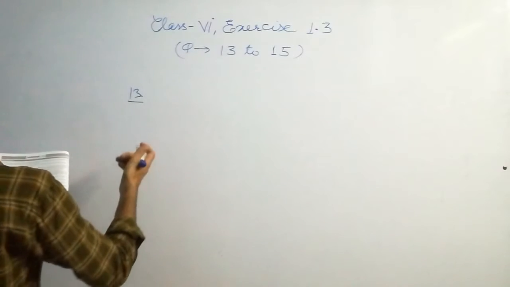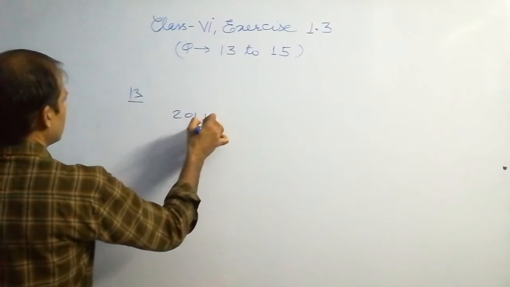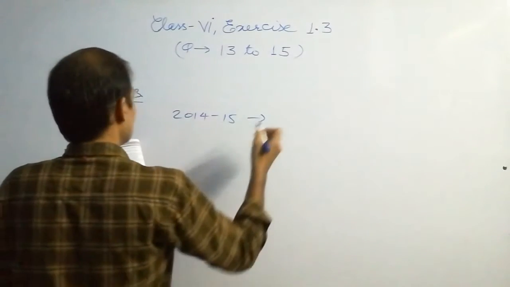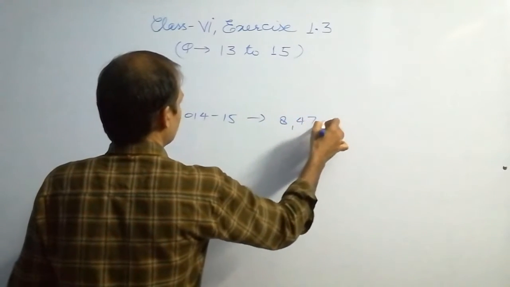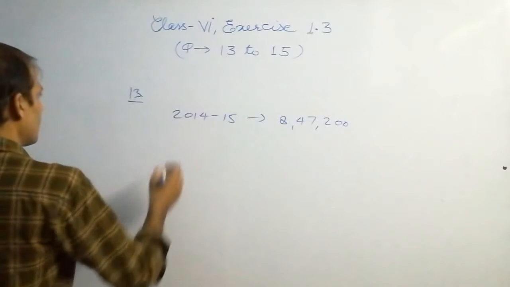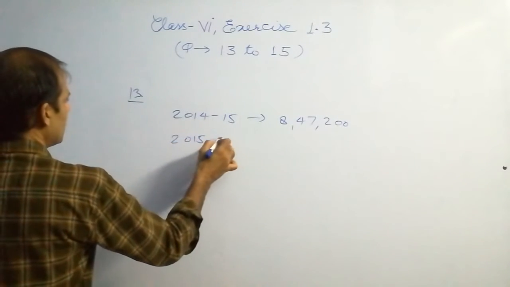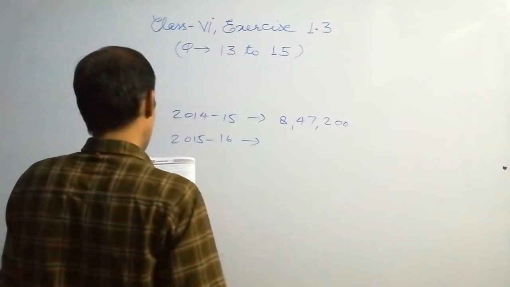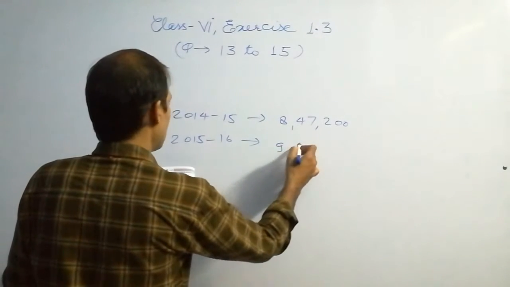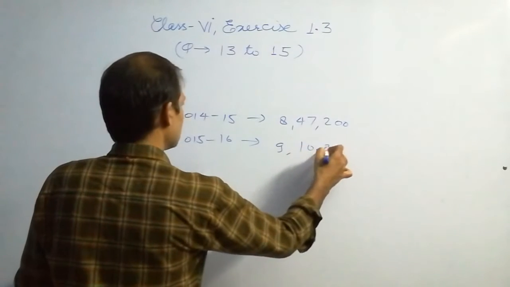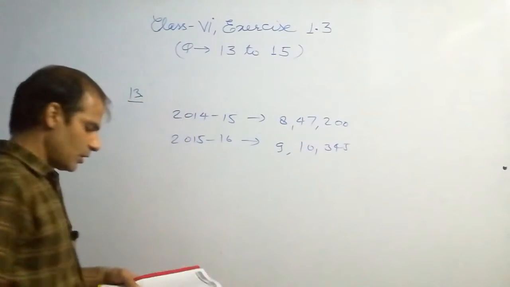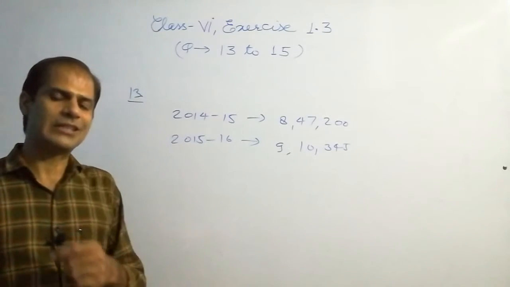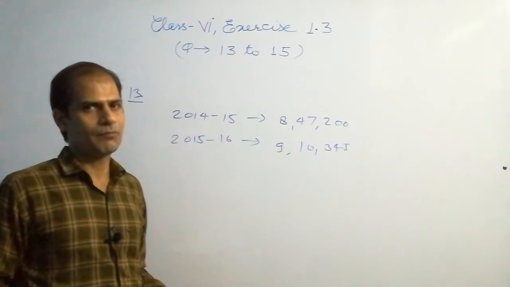So in the year 2014-15 the number of TV sets sold were 8,47,200, and in the year 2015-16 it is 9,10,345. So the question is, in which year were more TV sets sold and by how many?